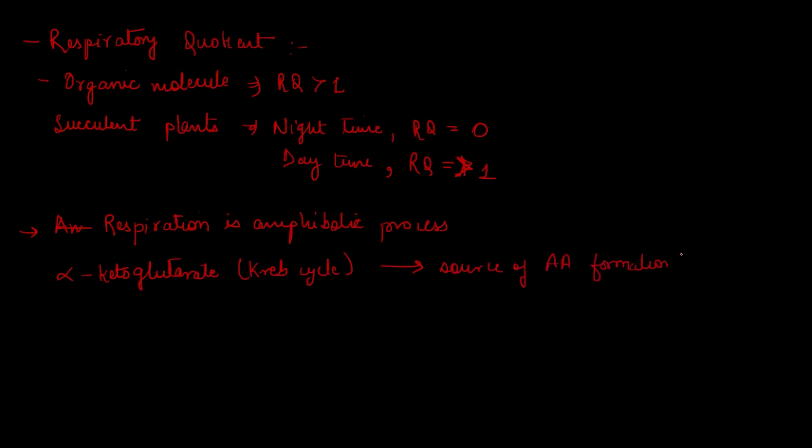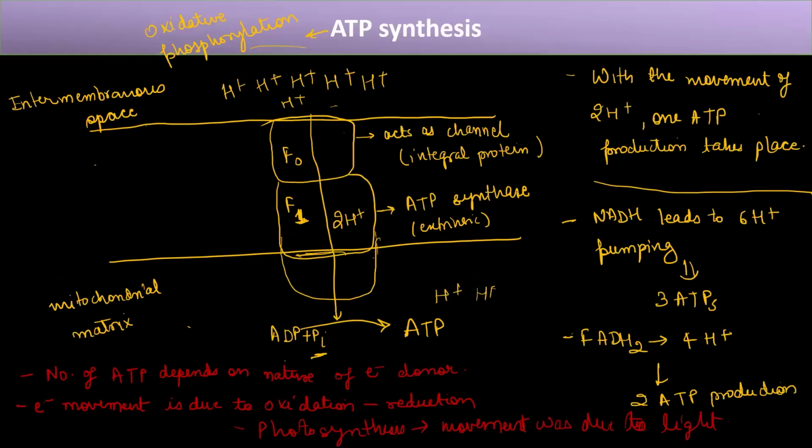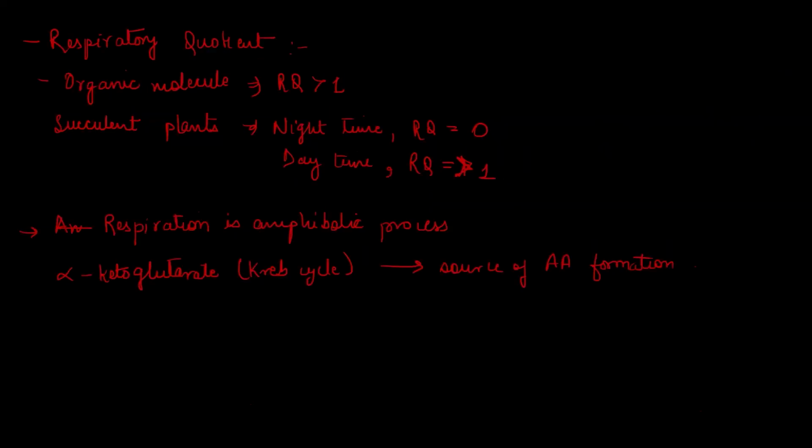Alpha ketoglutarate gets converted into glutamate, which is an amino acid. So it is an anabolic process. Till now we have seen the breaking of things, but these intermediates ultimately lead to the formation of building blocks or biosynthetic compounds. Hence it is also an anabolic process, and together it is known as an amphibolic process.